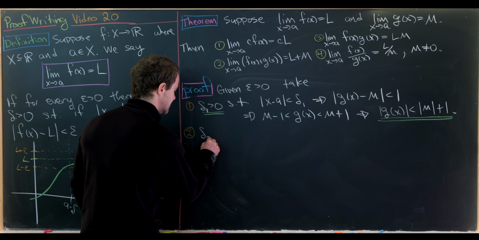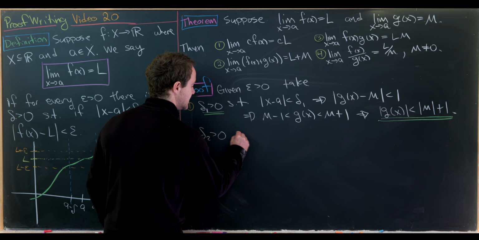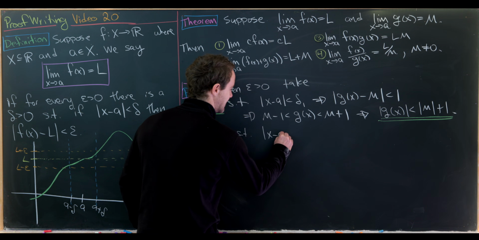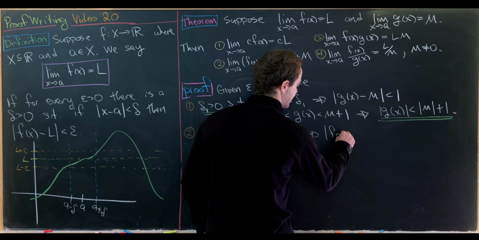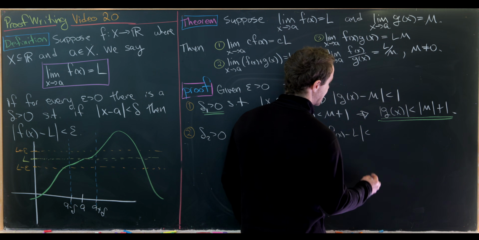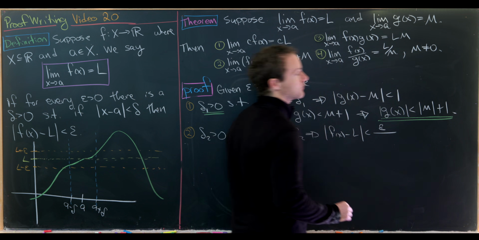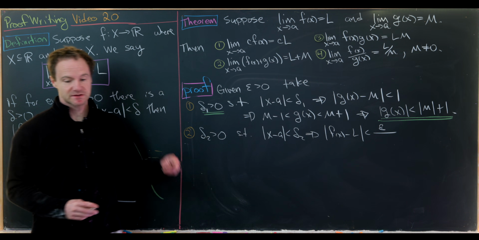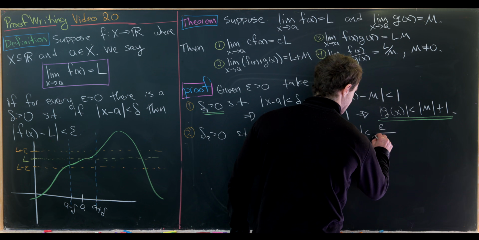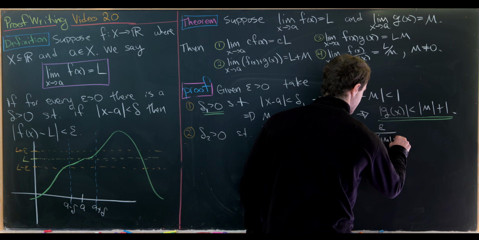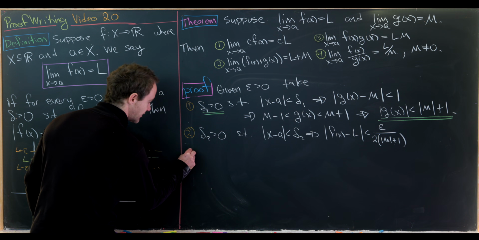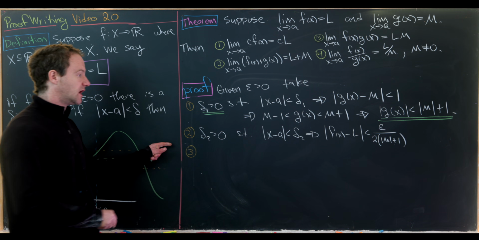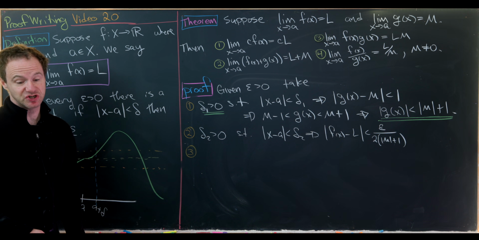So let's take delta 2 bigger than 0 such that |x minus a| less than delta 2 implies the absolute value of f of x minus l is less than not epsilon over 2, but epsilon over 2 times this object, so 2 times the absolute value of m plus 1. And now we'll choose delta 3 in concert with this, but with the function g of x.